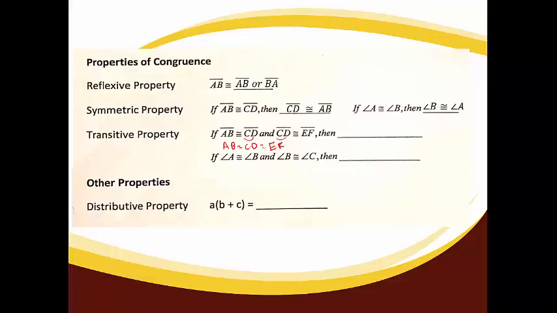And what the transitive property does is it allows me to pair the outsides together. So I can state that segment AB is congruent to segment EF. And if we read the bottom here, I see angle A is congruent to angle B. Angle B is congruent to angle C. So since B is congruent to two different things, those things themselves are congruent.